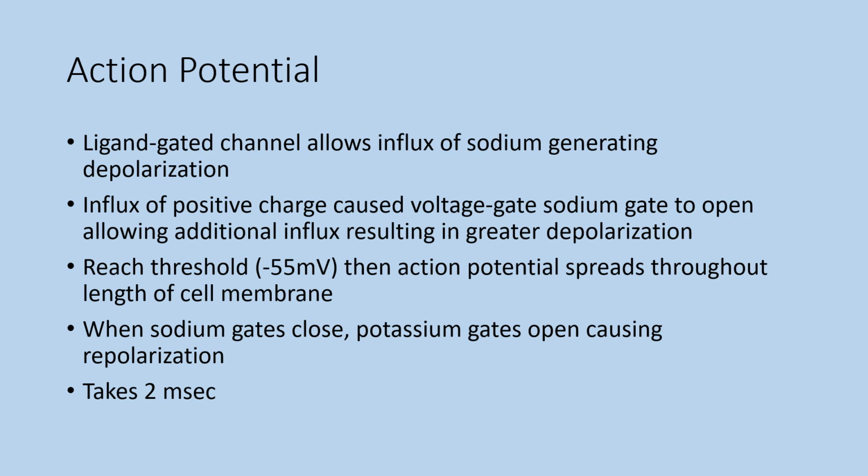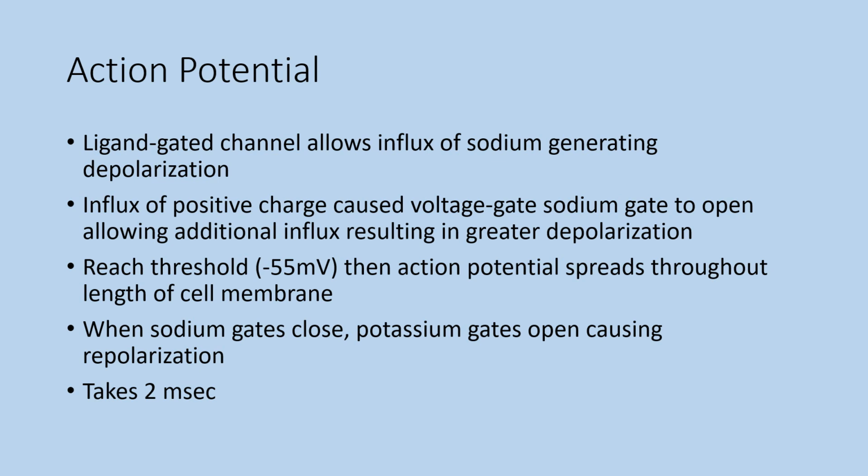As you have that influx of the positive charge, it's going to cause the voltage gate now to open because you're changing the charge. Now you're going to have an additional influx of sodium resulting in even greater depolarization where you have that high peak. You reach that threshold, the action potential spreads now through the whole length of the cell membrane. When the charge is just localized, we refer to it as a graded potential.